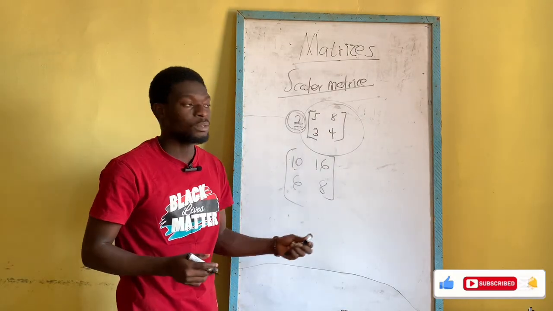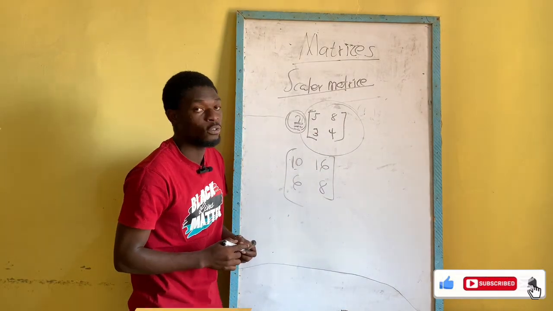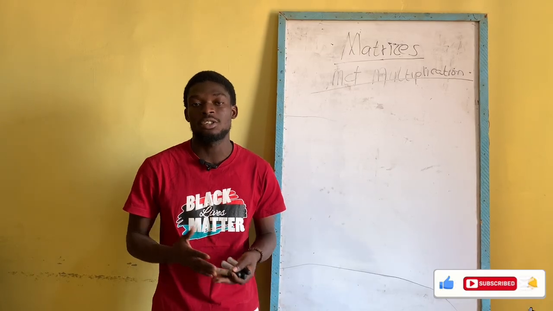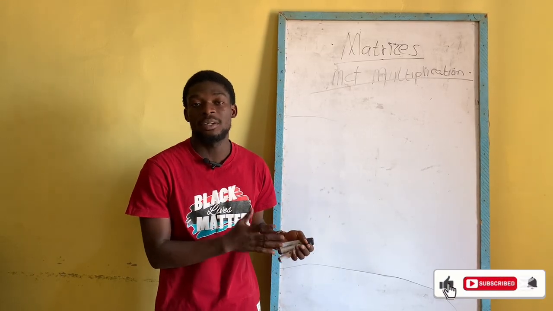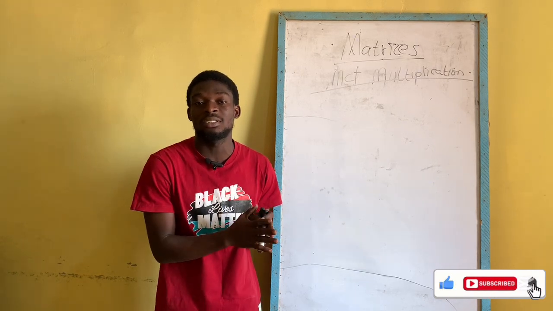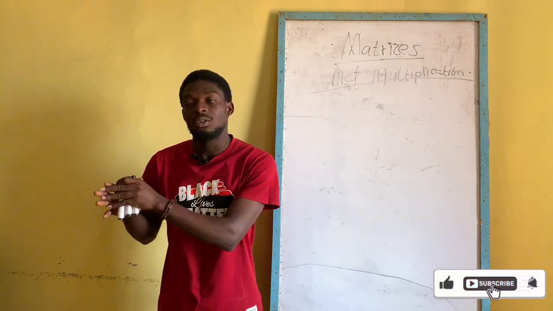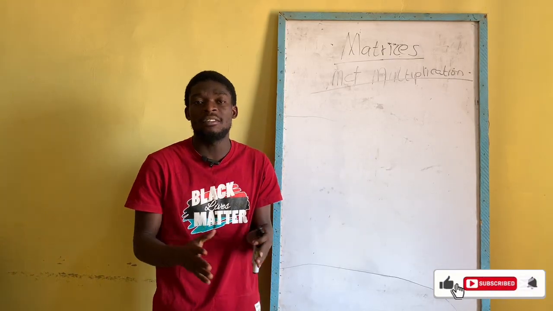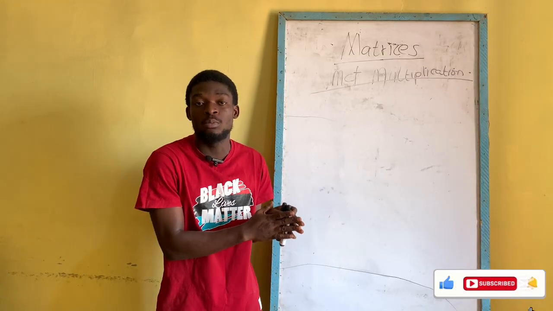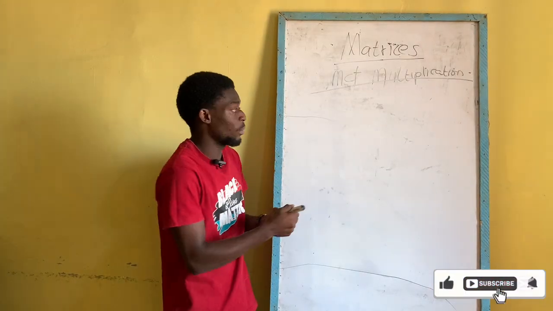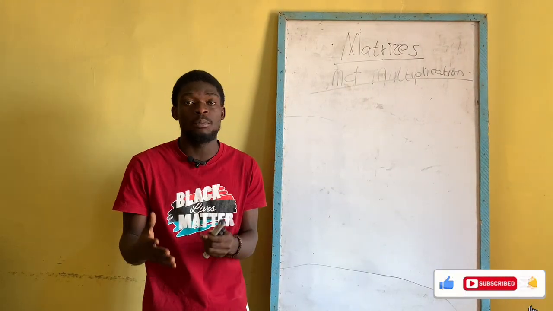Then 2 by 4, we have 8. Now let's move quickly to multiplication of matrices. Multiplication of matrix is not like addition and subtraction of matrix, where the rows and columns in the first matrix have to be the same as the rows and columns in the second matrix. For multiplication of matrix, you can have a 2 by 3 matrix multiplying a 3 by 2 matrix.